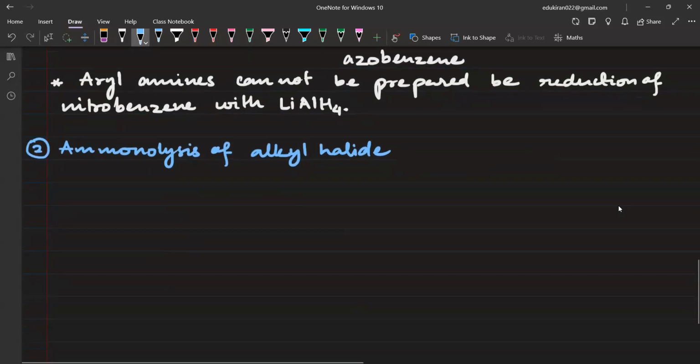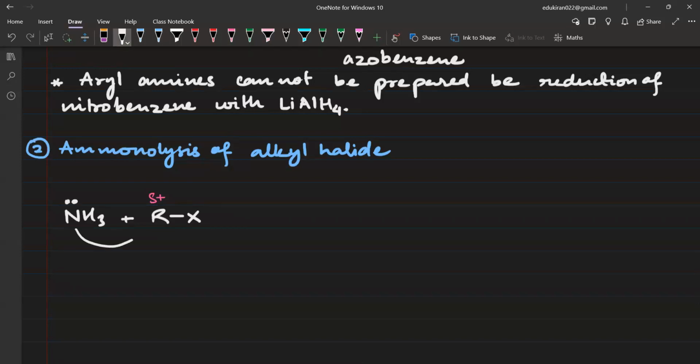Look carefully here. Let's suppose you have NH3, ammonia, and it is treated with alkyl halide RX. Since the halogen atom is more electronegative, it will pull the electron density from the alkyl group, making the alkyl group delta positive. The nitrogen atom has a lone pair of electrons, so it can attack very easily with the lone pair.